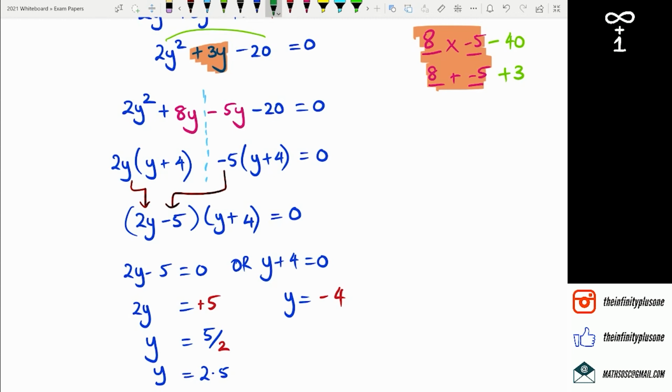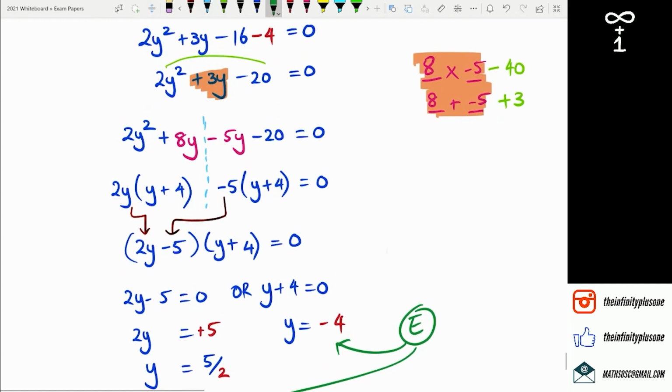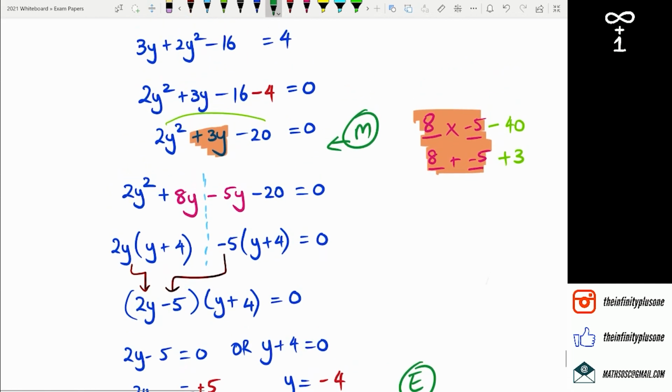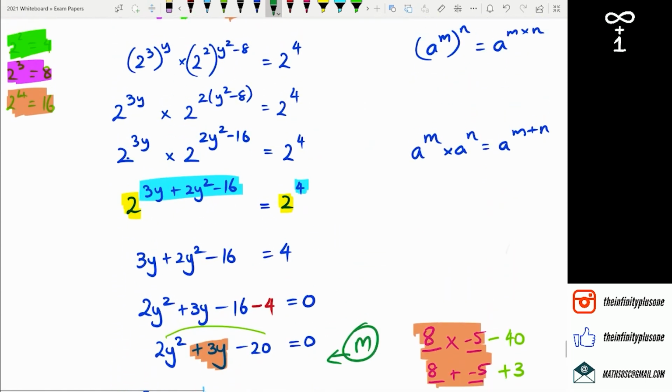So grades-wise, you need both solutions for an excellence. For merit, you can form a simplified quadratic equation, so that's where you're looking for a merit. For achieved, getting two of these correct will get you achieved.